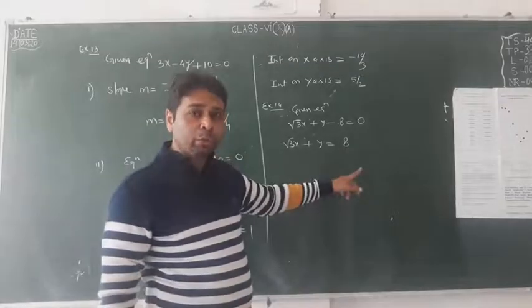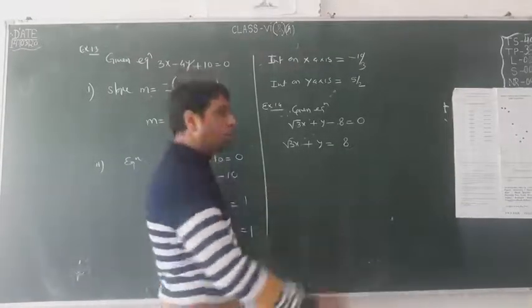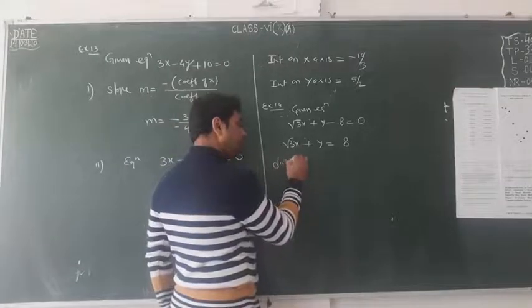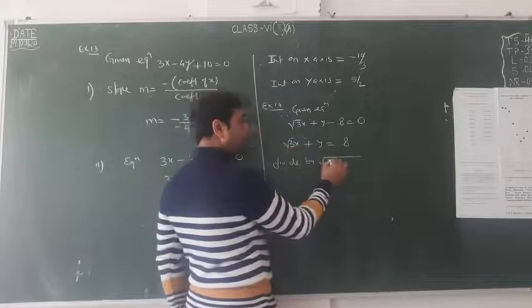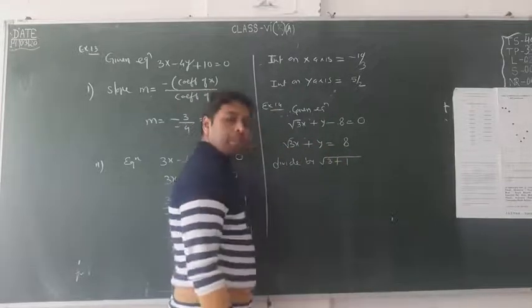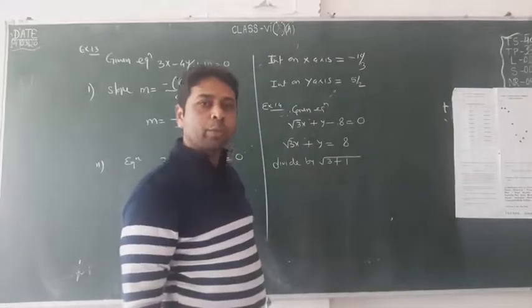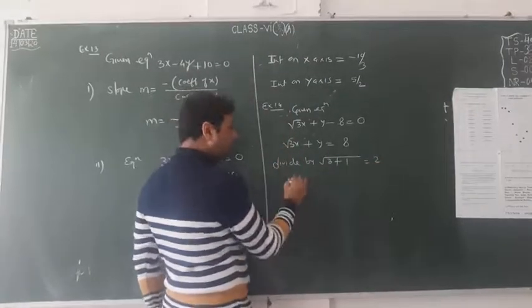Now what I taught you: if you want to convert this equation into normal form, you have to divide by the root of the square of the coefficient of x plus the square of the coefficient of y, meaning root of a square plus b square. So it's going to be 2. Divide by 2.